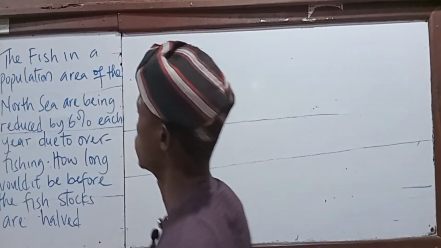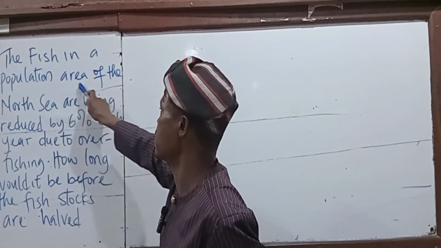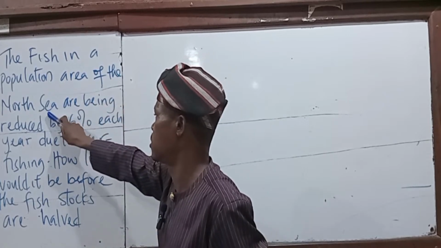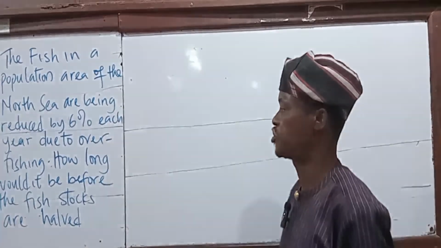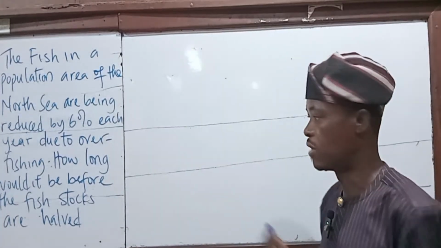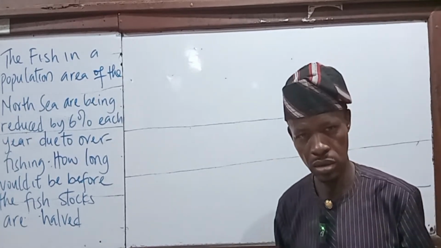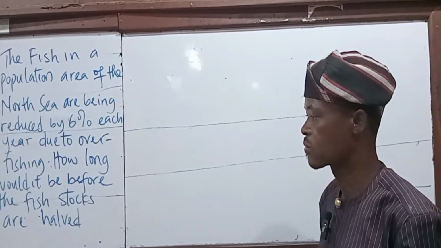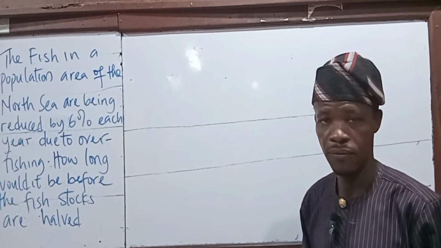This question: the fish in the population area of the North Sea have been reduced by 6% each year due to overfishing. How long will it be before the fish stock is half?